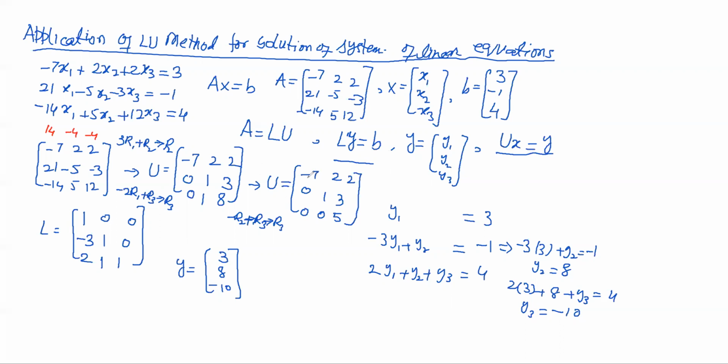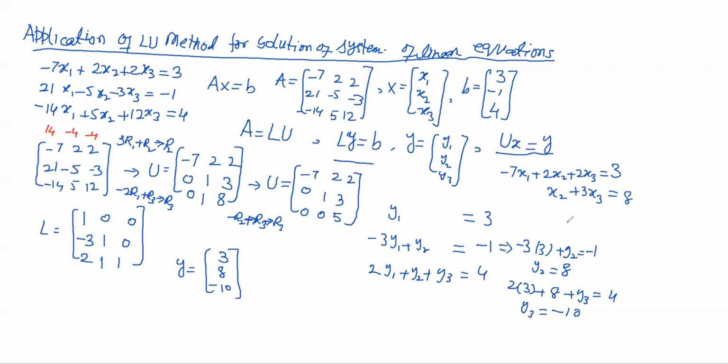What is U? U was this. So -7x1 plus 2x2 plus 2x3 is equal to y, and y was 3, so that is equal to 3. And then x2 plus 3x3 is equal to 8.